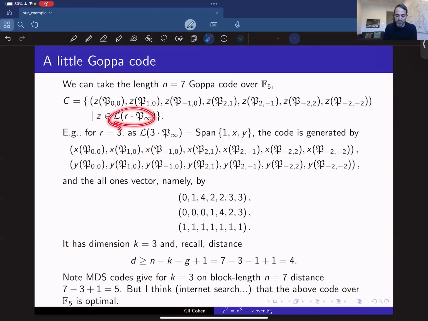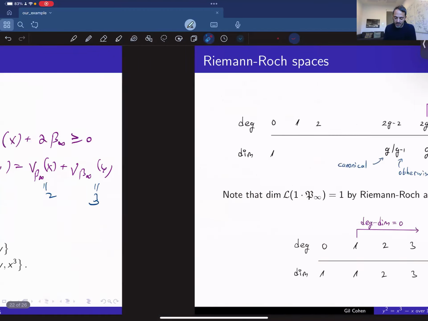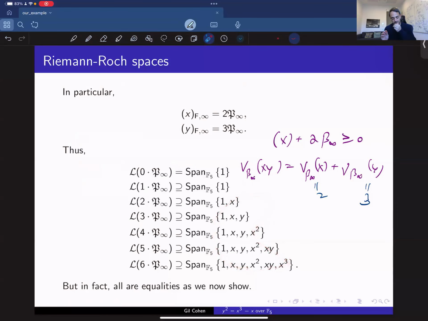So here, the Riemann-Roch space corresponding to P infinity, we said it's spanned by simple monomials. You don't have 1 over x appearing there or anything more complicated. So these are polynomials, but not quite polynomials. They're polynomials with the relation y squared equals x cubed minus x. And the degree of x in a sense is 2, and the degree of y is 3, because degrees are now actually valuations, not degrees per se.